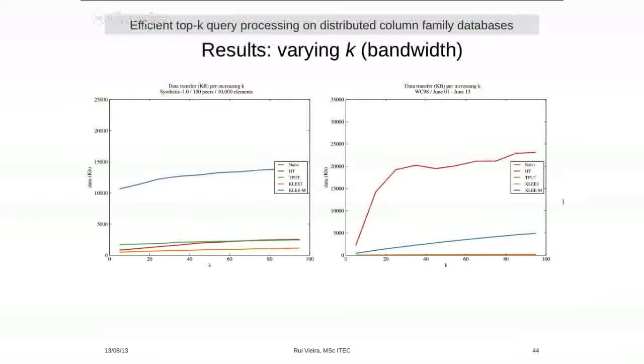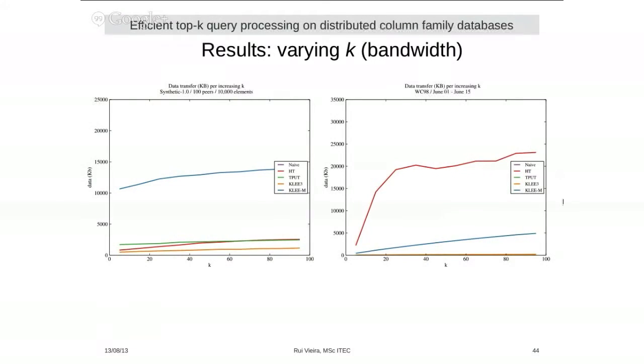We varied the K and tried to determine how the bandwidth or data transfer changes with varying K. We can see that in the synthetic distribution, we have a stable variation of data transfer between the peers. This was done, by the way, for 100 peers with 10,000 elements for a synthetic table. We can see it's pretty much stable.